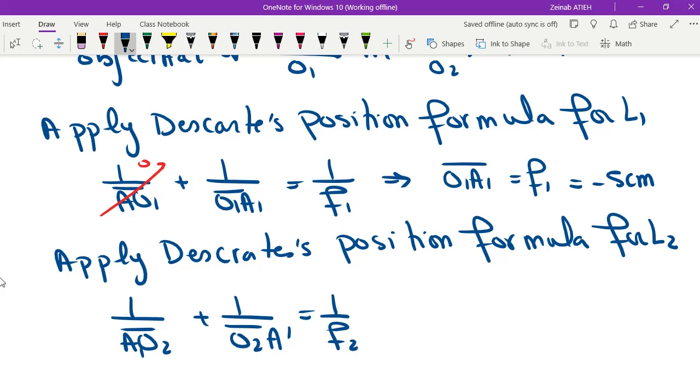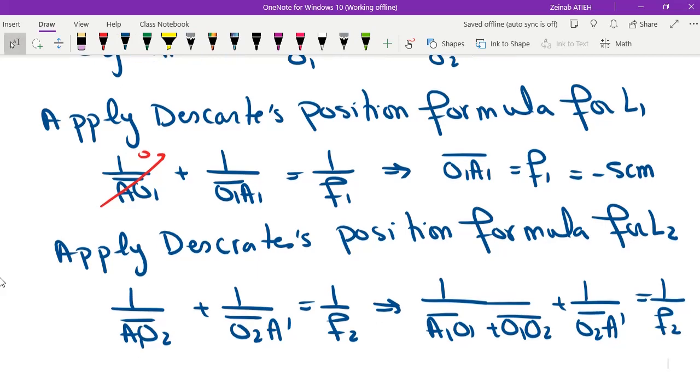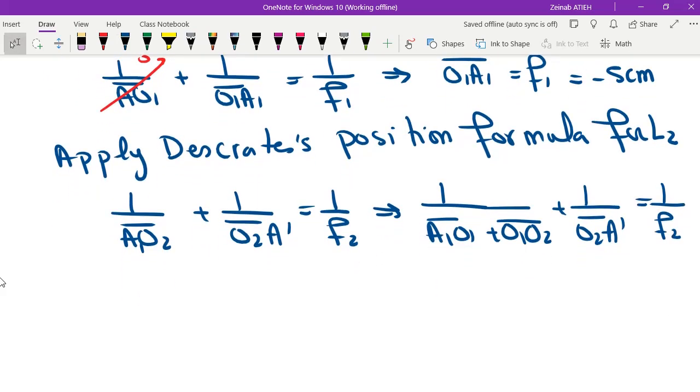I got A1 with respect to O1. I have A1O2, so I insert the letter O1. I will get 1 over A1O1 plus O1O2, same as we used to do for diopters, plus 1 over O2A prime equals 1 over F2. I am searching for A prime; I have everything except A prime.